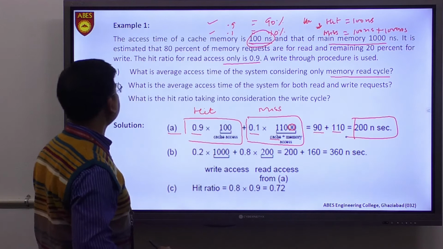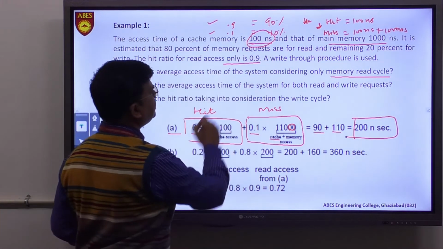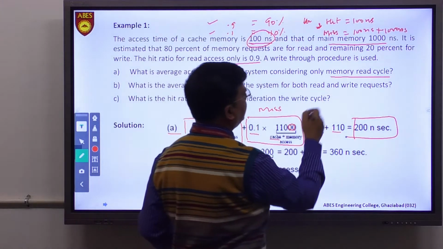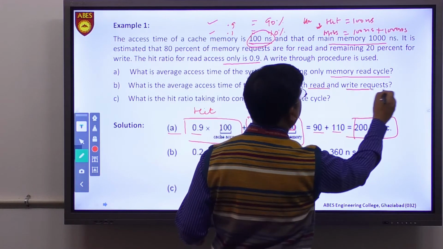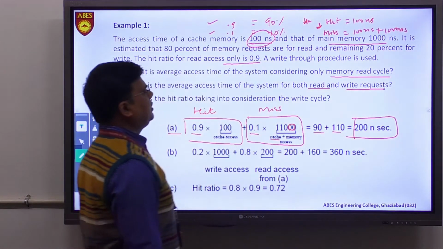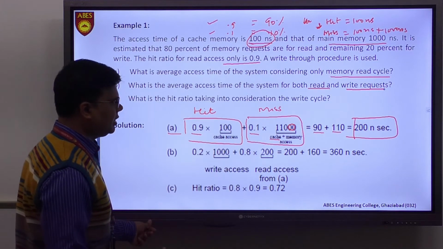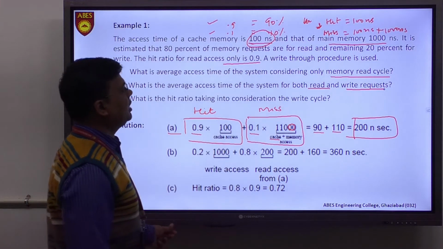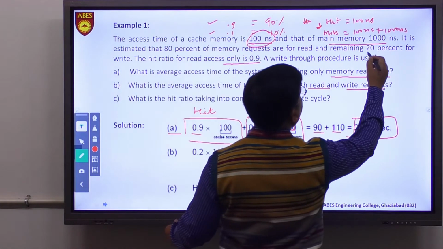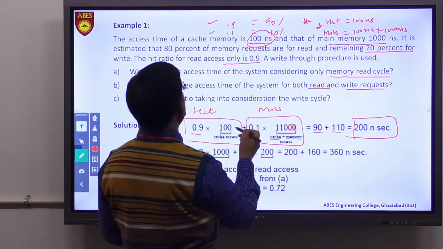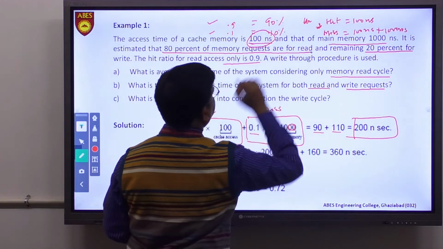The next question is, what is the average access time for the system for both read and write requests? Now we are considering both the read and write requests. Since we are considering the write as well as the read request, and as the problem says, 20% are for write and 80% of memory requests are for read.